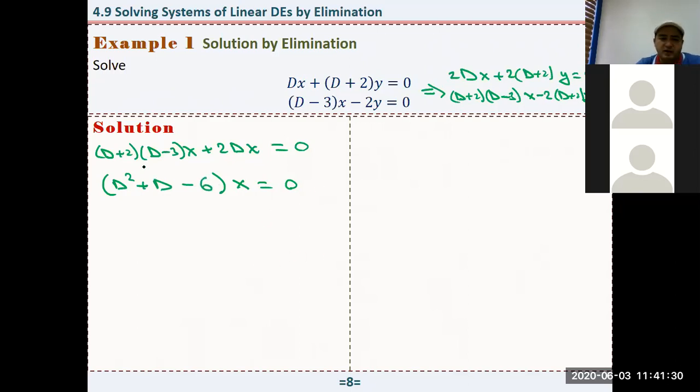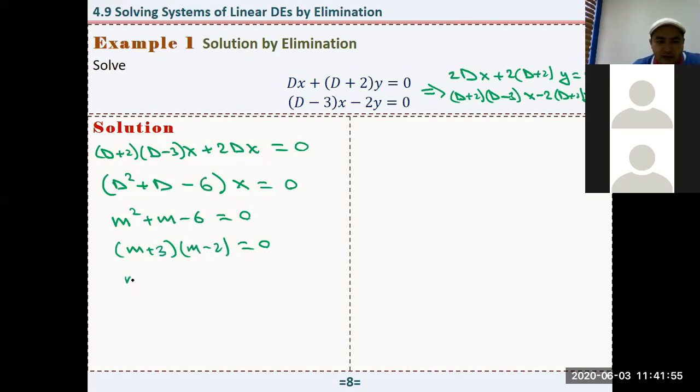And you know how to write the auxiliary equation? That's simply m squared plus m minus 6 is equal to 0. It's just a quadratic equation. If you solve this by factorization, (m plus 3)(m minus 2) is equal to 0.